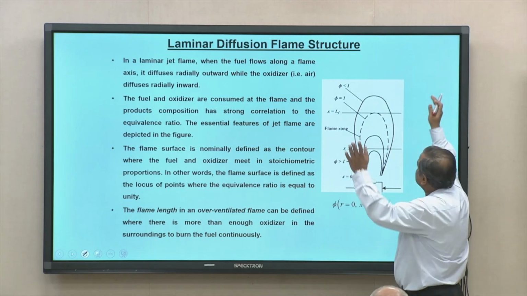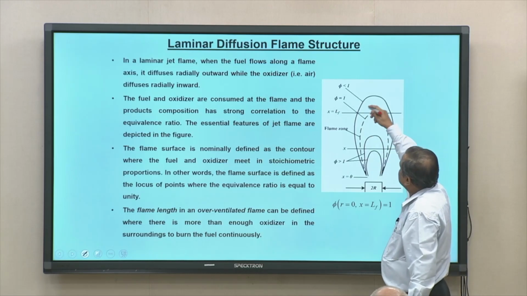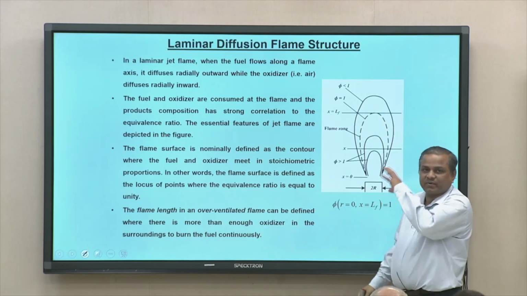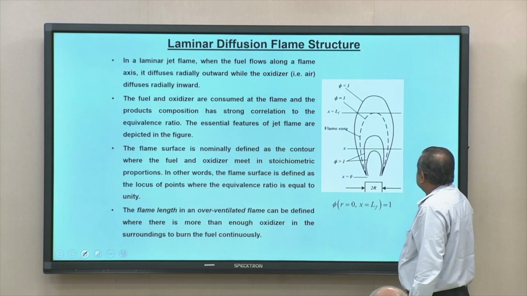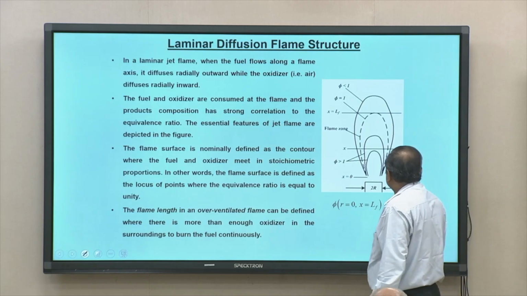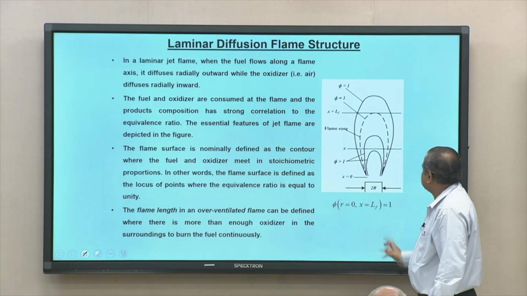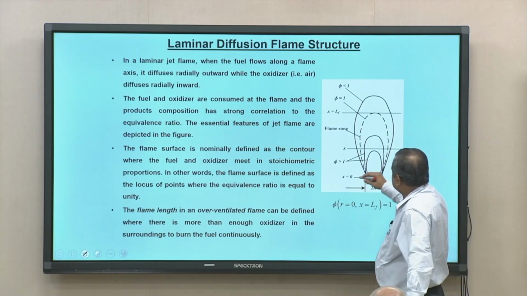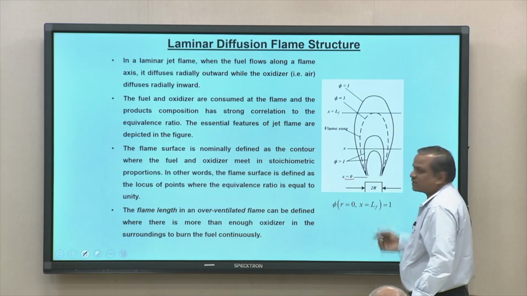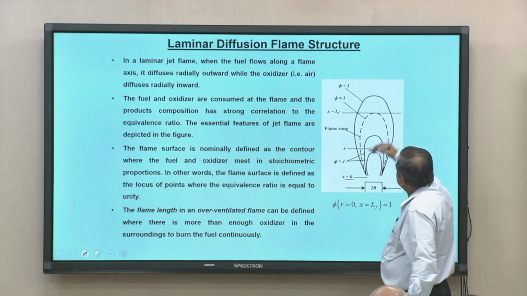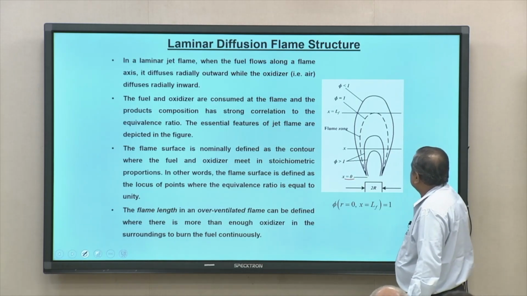If it is actually a fuel air mixture, the typical trend could be like this. So instead of spreading like this, we are looking at a domain where the effect of fuel is there. What we see here is twice r, which is the diameter of the fuel nozzle. At x equal to 0, this fuel air mixture starts to spread, and we are looking at x.